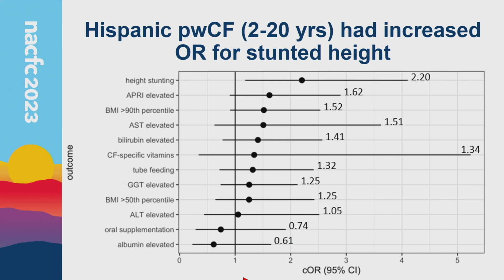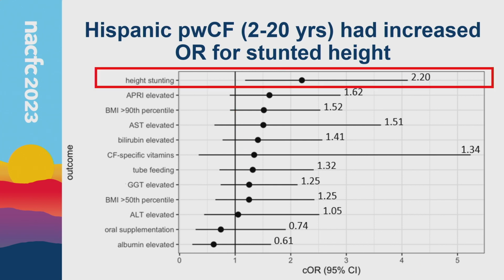So you can see the conditional odds ratio is shown along the x-axis, and various outcomes are along the y-axis. If we're to the right of one, there's an increased odds of having that specific outcome, and if we're to the left, there's a decreased odds of that. And when a line does not cross one, then there is statistical significance.